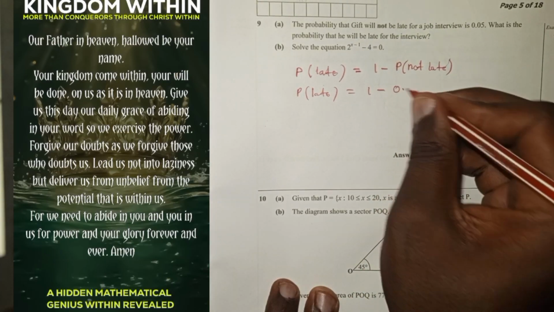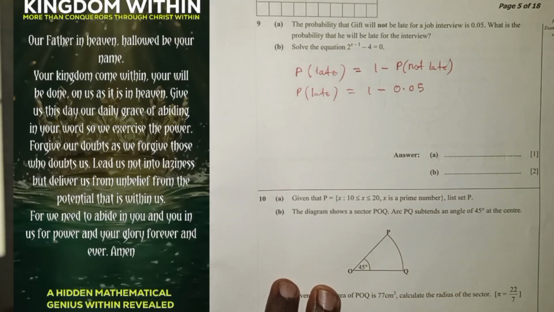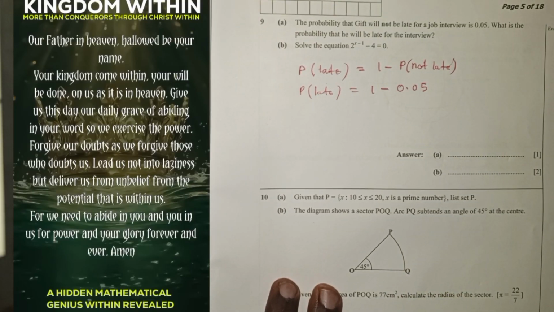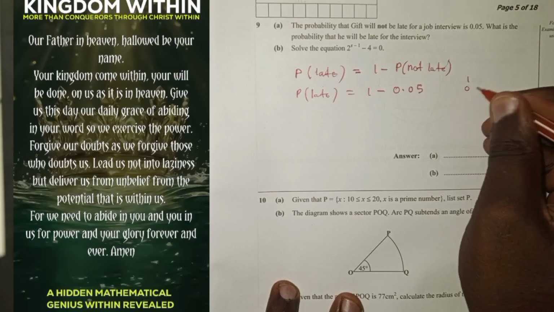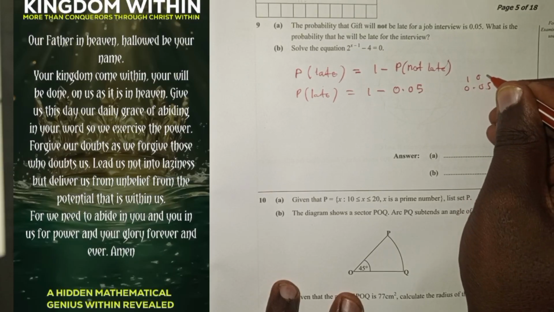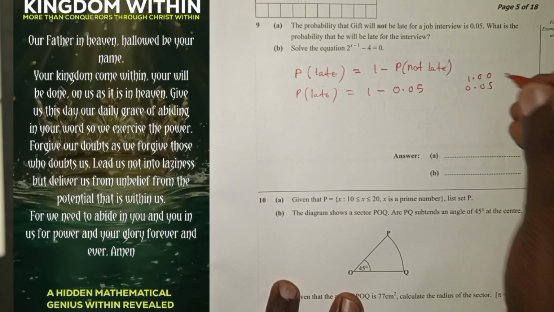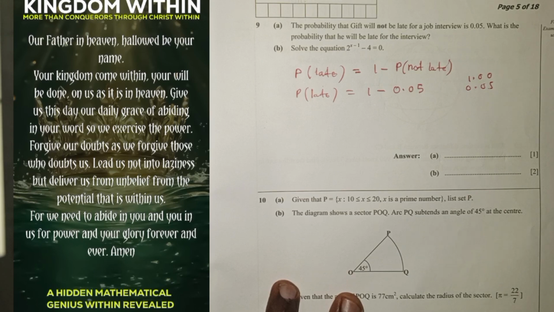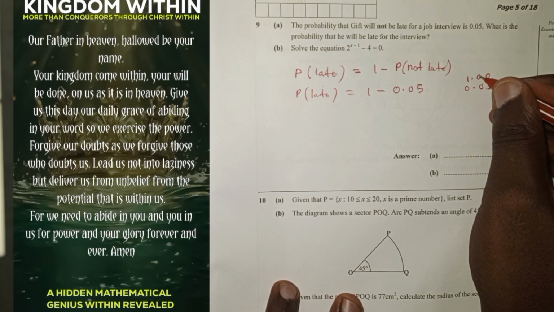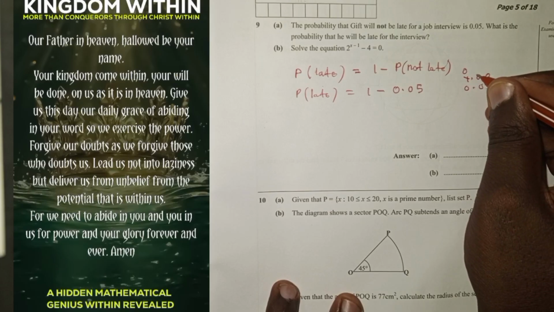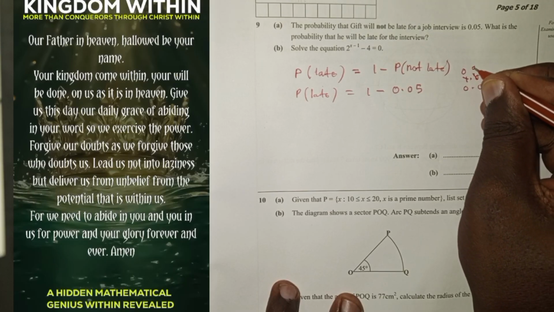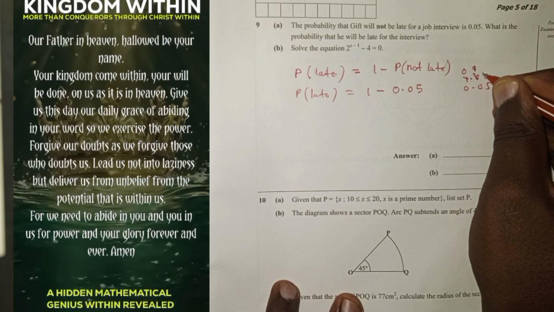Okay, so P of late is equal to 1 minus P of not late, which is 0.05. So it's 1 minus 0.05. So what is 1 minus 0.05? You can put zeros there. So 0 minus 5 it can't, so you get a 1 from the next digit. This is a 0, so you get from this one. So it will be 0. Then here it will be 10. You remain with 9. And here 10.